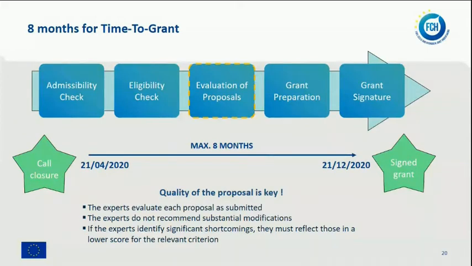It means there will be no change to your proposal, no change of budget, work packages, partners, or whatever. The proposal must be as close to the final grant agreement. And in fact, we ask the evaluators to reflect that into a lower score. So shoot for quality. The call is competitive, and we need to have perfect proposals.